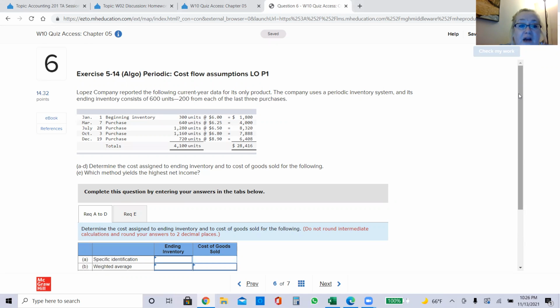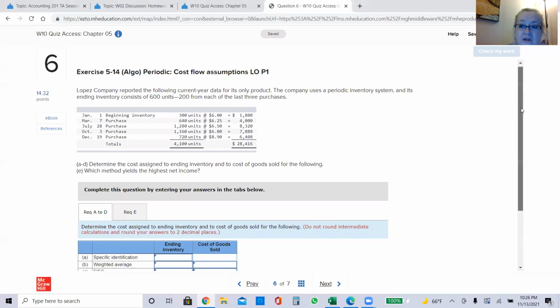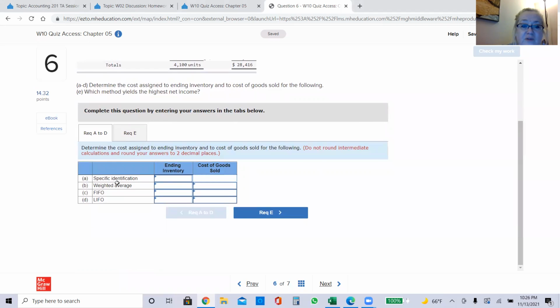So here we have our data, and we are to determine the cost assigned to ending inventory and to cost of goods sold for the following. The following is this little chart down here, which is we need to do it for specific identification, weighted average, FIFO, or LIFO.